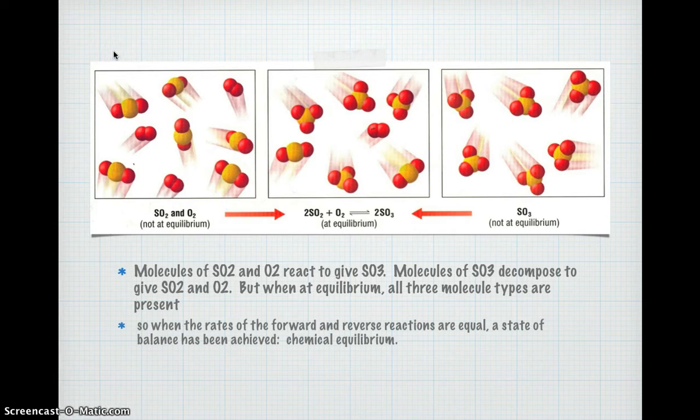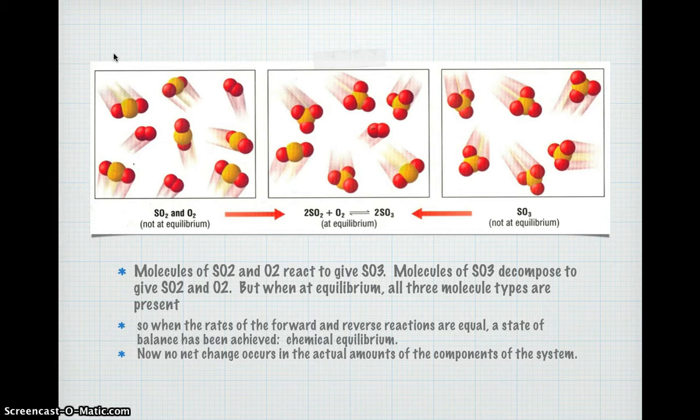All right. So when the rates of the forward and reverse reaction are equal, a state of balance has been achieved, and we call that chemical equilibrium. Now, no net change occurs in the actual amounts of the components of the system. Take a look. If you can count up there, you will see oxygen is the red balls, all right?